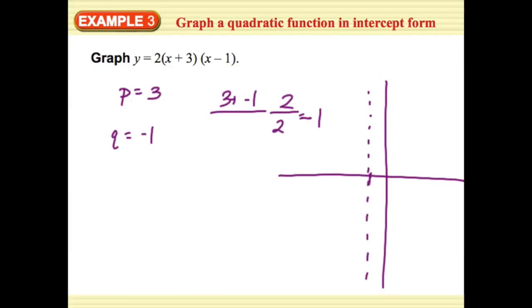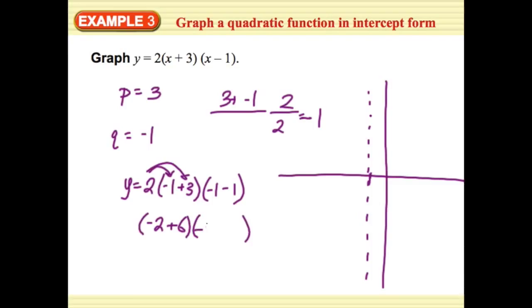So I can figure out what my y coordinate is going to be. y = 2(-1 + 3)(-1 - 1). So remember, you're going to use FOIL. You can distribute first or you can distribute second, it doesn't matter. So 2 times -1 is -2, plus 2 times 3 is 6. Now use FOIL.